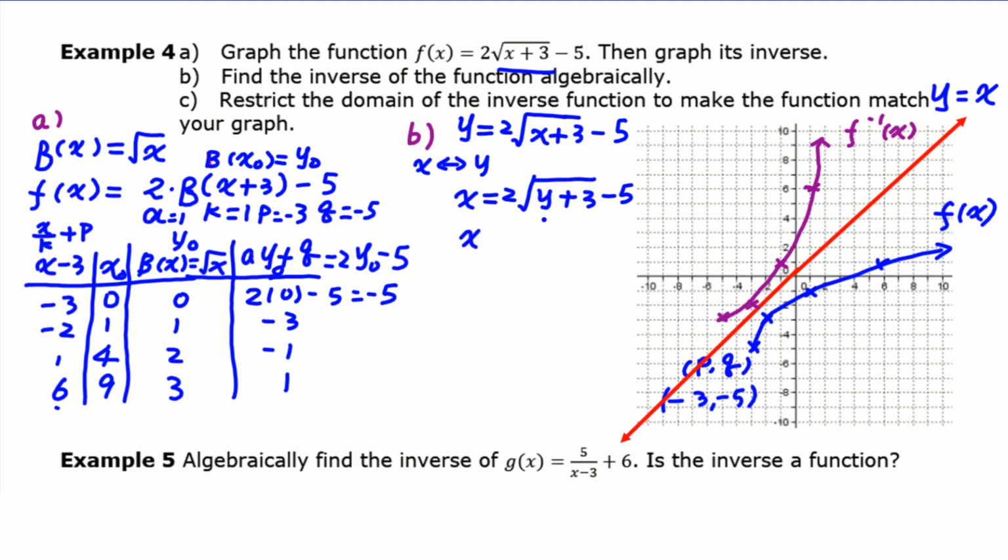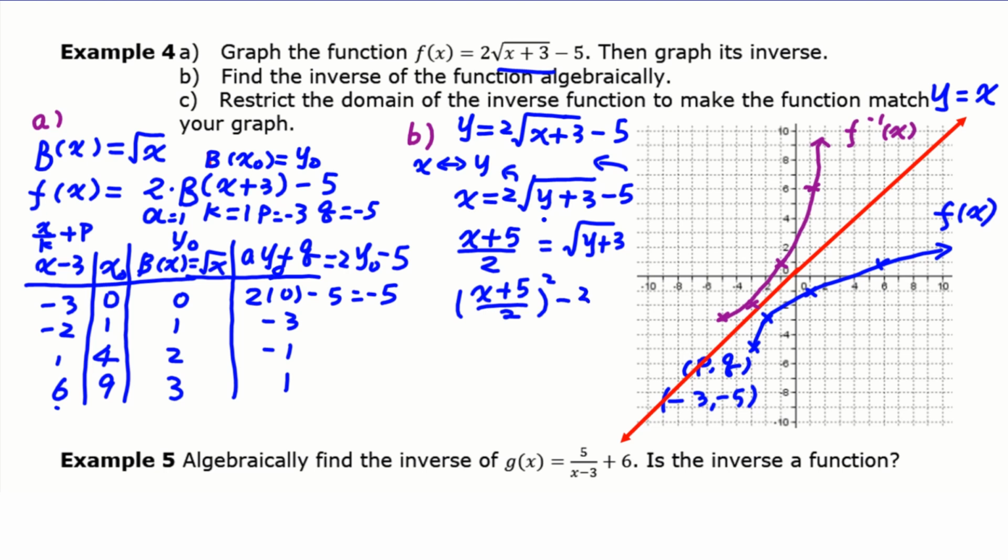x plus 5. Then after that, move the 2 to the other side. The inverse, the opposite operation, is division. Then after that we are going to do the square root. Square both sides. To get rid of the square root, it will be squared. Then it equals y plus 3.